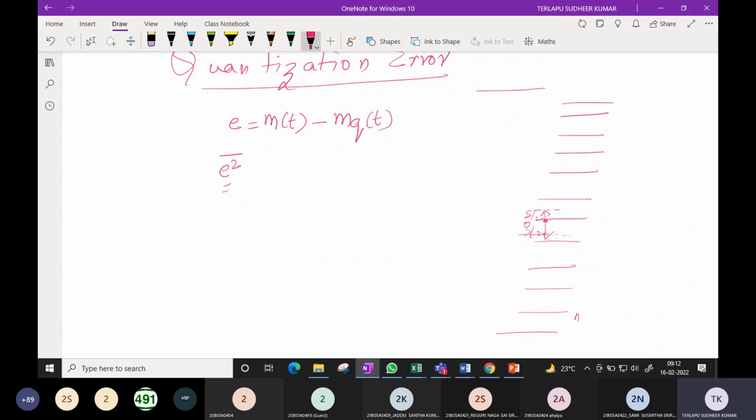So this is my M1, M2, so on and so forth. Let it be Mk. And this is Mk minus 1, Mk plus 1, so on and so forth. Let it be M. So this is the peak to peak value of the signal.